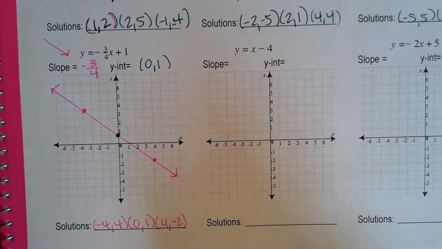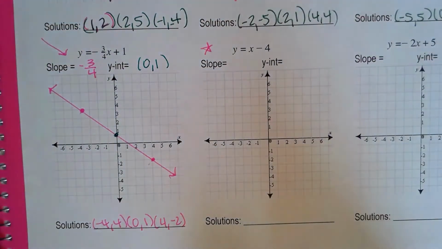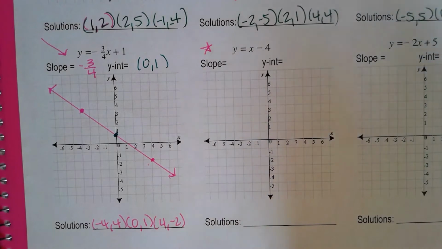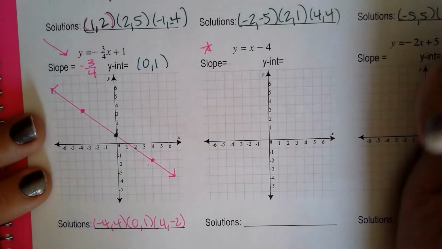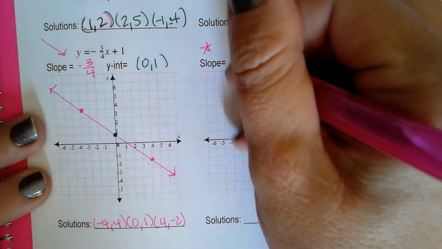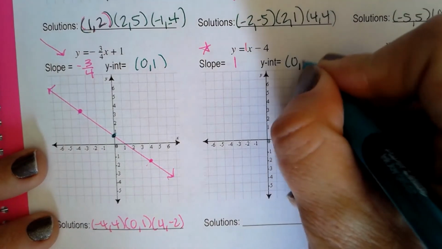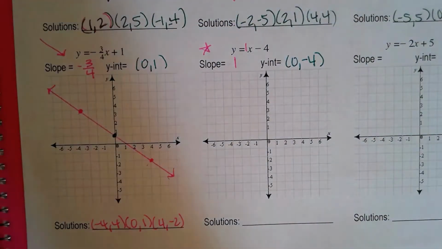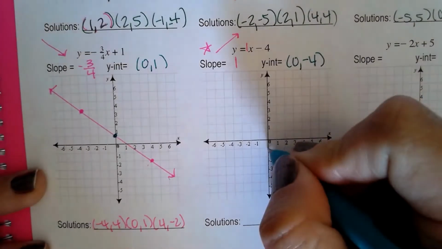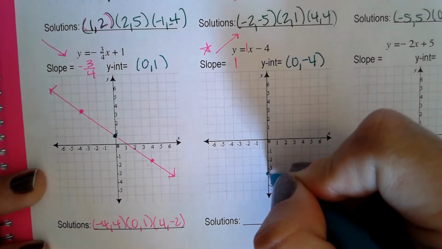So hopefully you got that one. All right, try the second one. Okay, so this one was a little tricky because there was no number in front of it, but when it's just an x, that's like a 1x. So my slope is 1. My y-intercept is 0, -4. And since the slope was 1, it should be increasing. So 0, -4, 2, 3, 4.